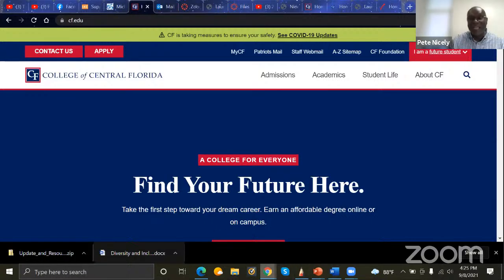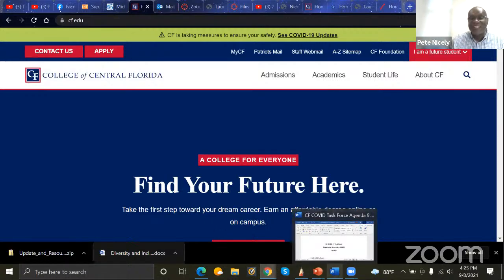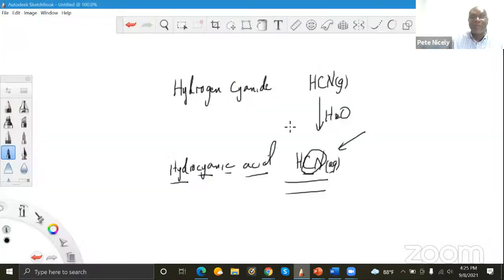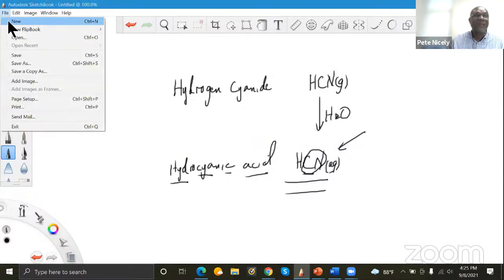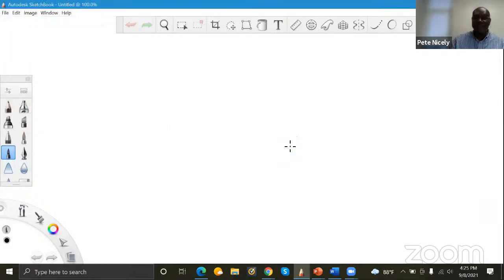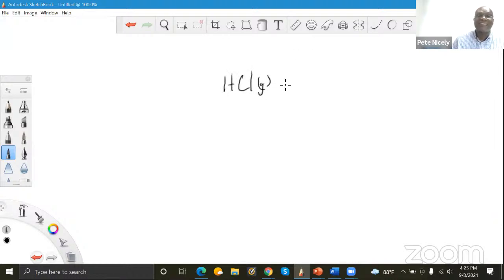So when it comes to binary acids, it's very important that you indicate that it's an acid solution by indicating AQ as a state symbol beside it. So for example, in the case of hydrogen chloride, that's a gas, right? So this is hydrogen chloride.